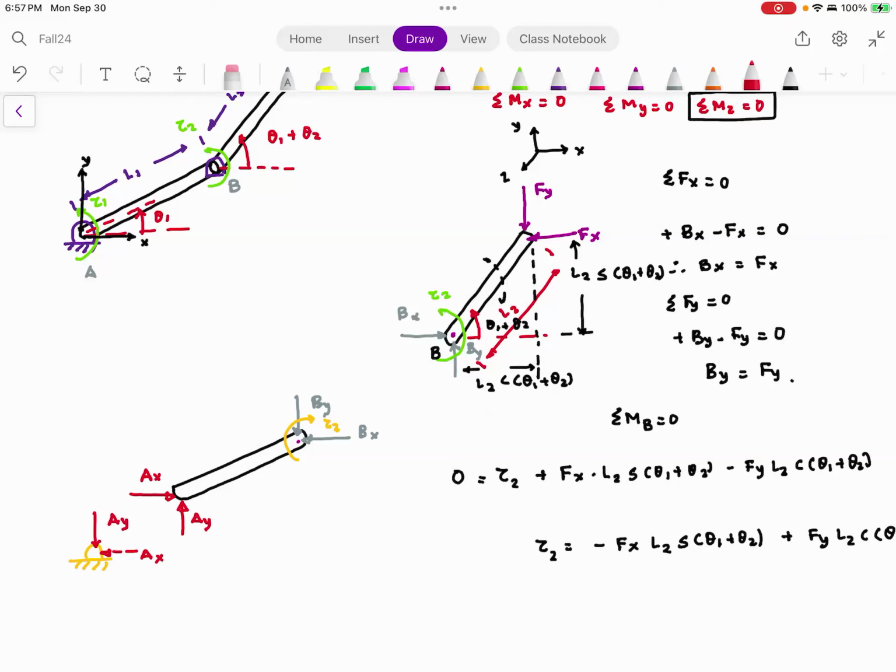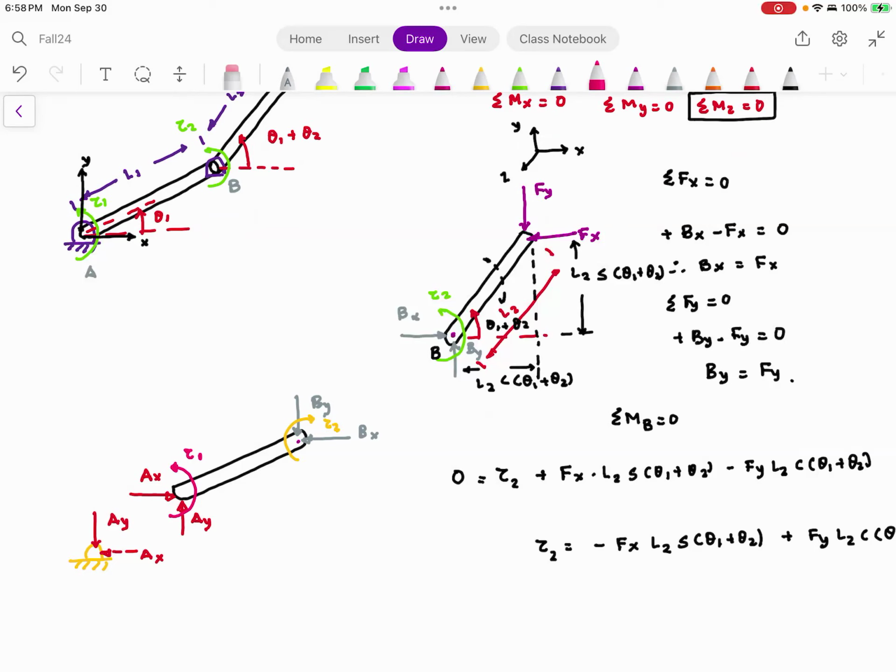Now, what does that mean? It means when everything gets combined, you're going to have tau 1 here. Then the reaction forces kind of cancel each other out.